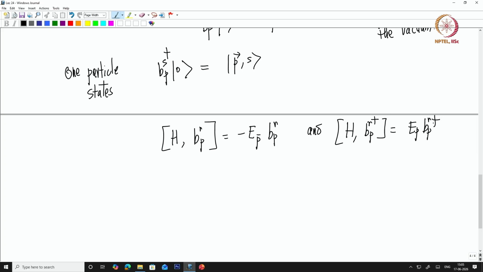Okay. So the commutator of the Hamiltonian with the annihilation operator is the negative of this. This is just the negative of the energy with respect to the B operator, and the creation operator gives you positive energy. So this is clear, and the same thing holds for the C operators.